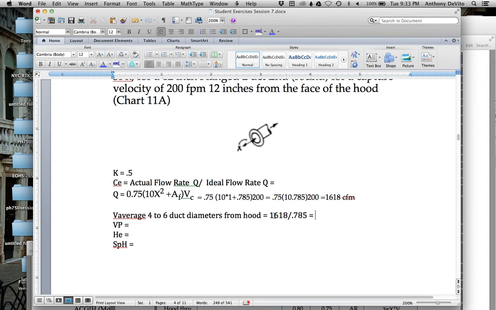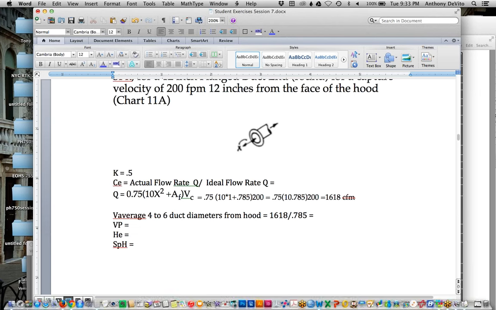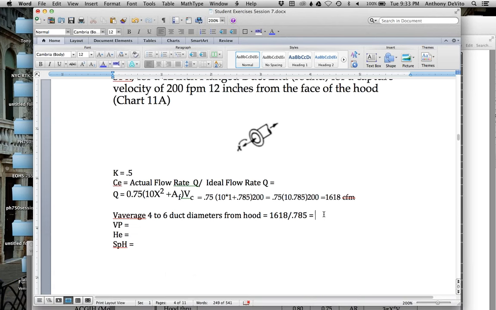I'm just thumbing through here so I catch up on where I was. Okay, I got an opinion there? Okay, I'll do it myself if you guys are not going to help me. What was that? 2061? Okay, 2,061 feet per minute, right?